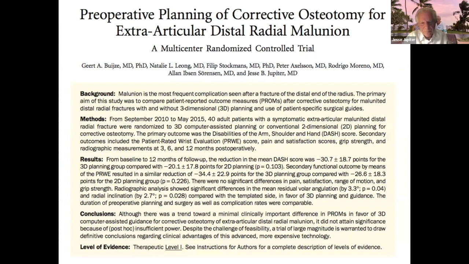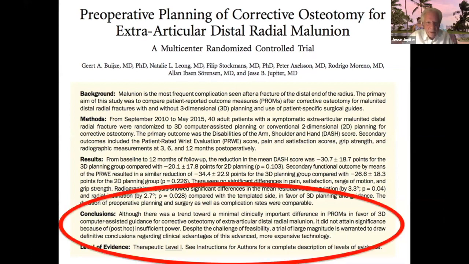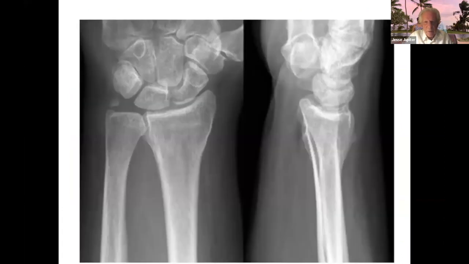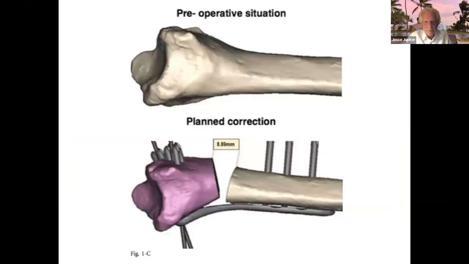And patient-rated outcomes were slightly in favor of 3D assisted, but really not significant. So I would say, for me personally, the computer-generated planning may be better for intra-articular malunions. Here's one of the patients in this series with the computer planning.